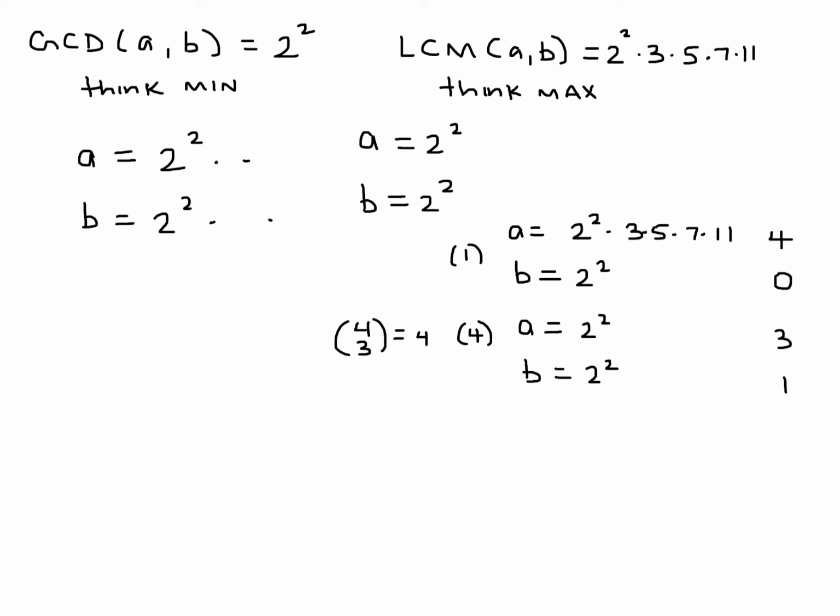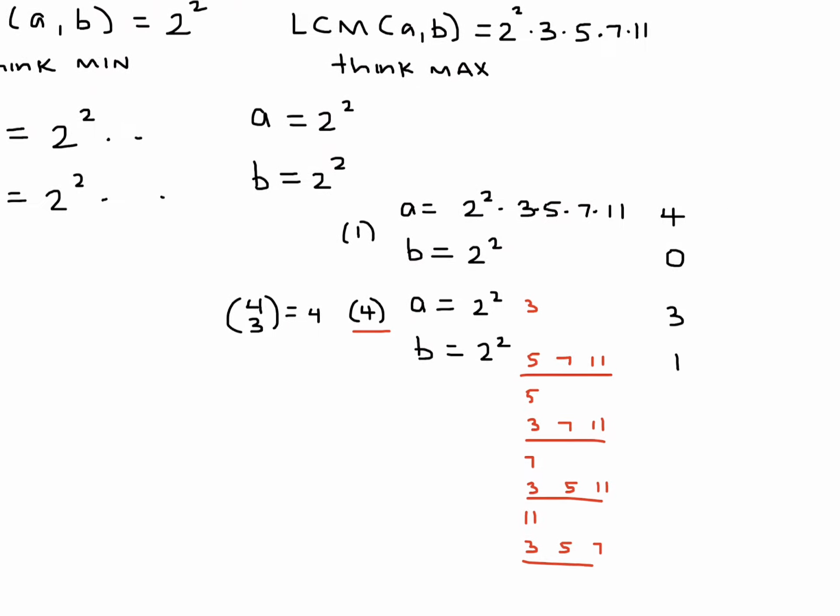It's not a problem. You can have, for example, a 3 here and a 5, 7, and 11 there. Or you could have the 5 up there and the 3, 7, and 11. Or you could have a 7 and a 3, 5, and 11. And you could have an 11 in the A and a 3, 5, and a 7 in the B. So 1, 2, 3, 4. That's how I got 4. Okay, hopefully that is making sense to you.